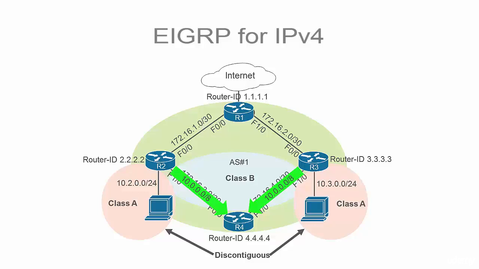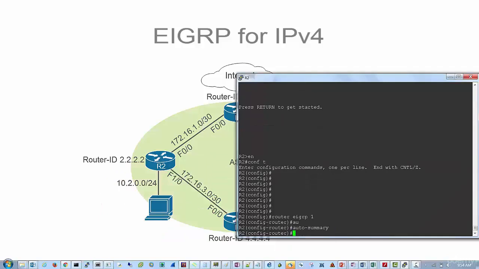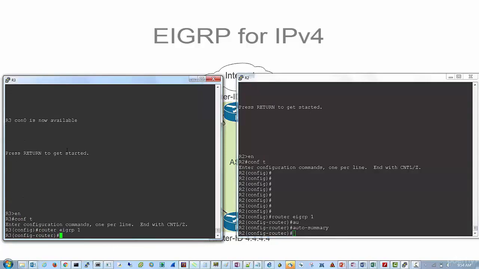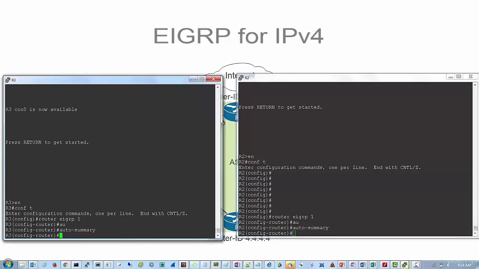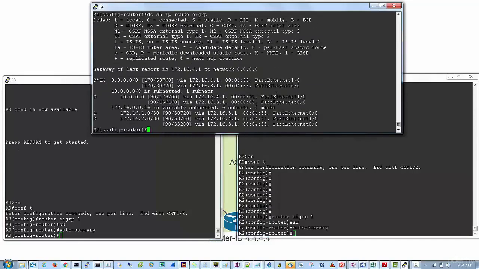Alright, so let's go under EIGRP on R2, and we'll say auto summary. And we'll do the same thing on router 3. Let's go down to R4 now. And now you see that it's learning 2 10.0.0.0 summaries, one from each router.